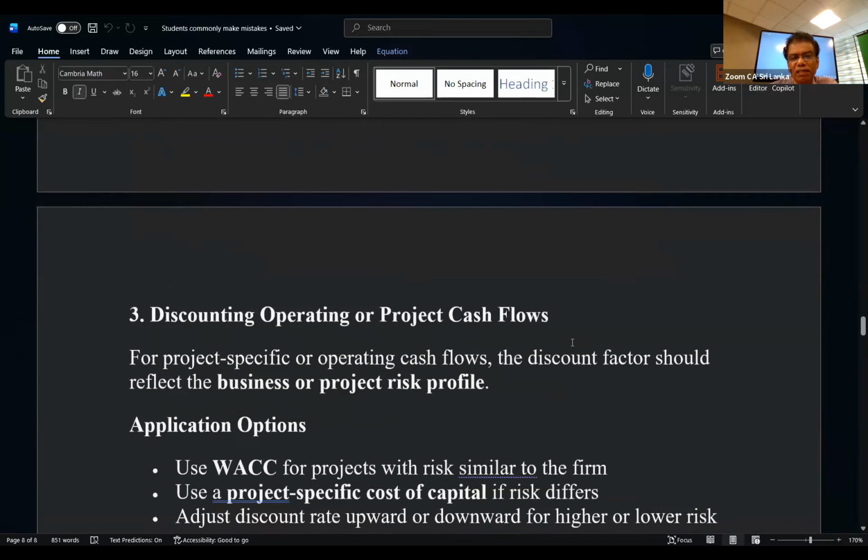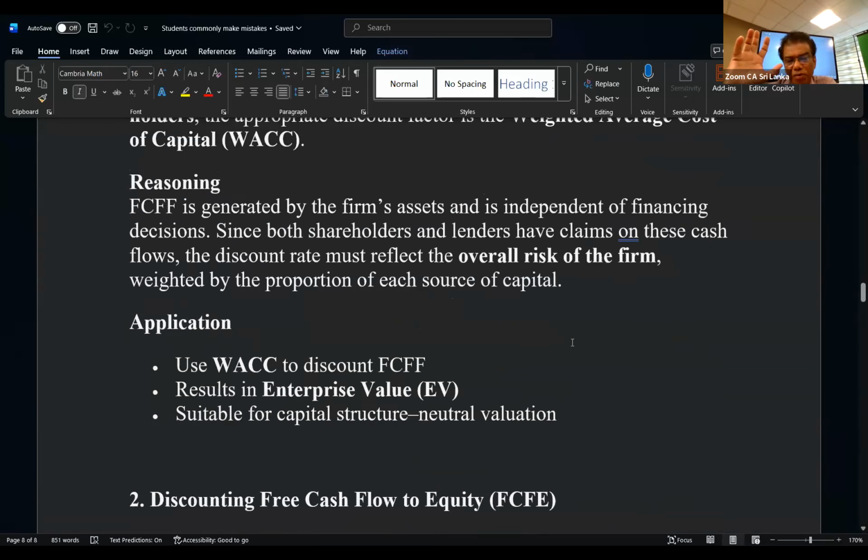I mentioned that you have to understand two types of cash flows. Then you select the discount rate according to your derived cash flows. If it is derived from earnings before interest and tax, it ends up with the firm value, the enterprise value, and the discount rate will be WACC.